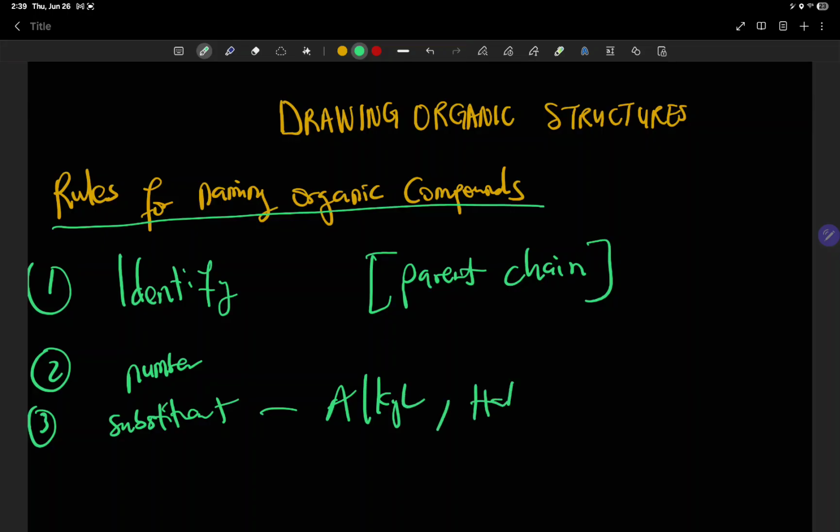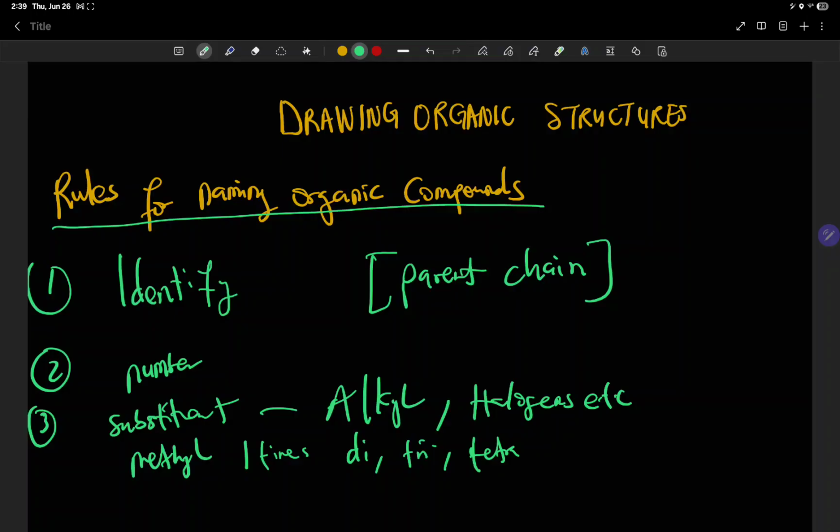They can also be halogens, etc. Now the next thing is if the substituents, say methyl, appear in the organic compound more than one time, we use di. If it is 3 times, we use tri. If it is 4 times, we use what? We use tetra. All these things will be clearer when we start drawing structures.